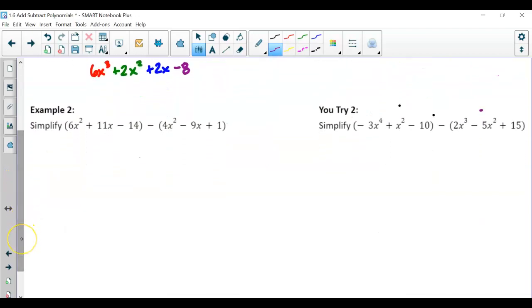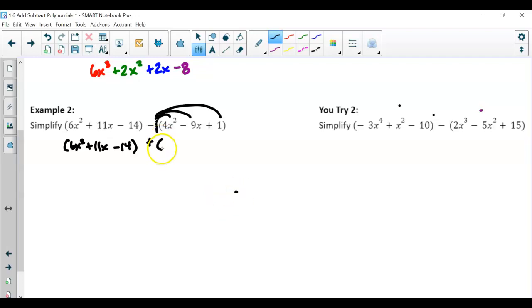Now in example 2, notice a little different because of subtracting. So we have to remember the goal is to always combine. So we want to combine with the 6x squared plus 11x minus 14. Well, how do we do that? We'll treat this negative as a -1 and distribute that -1 here.